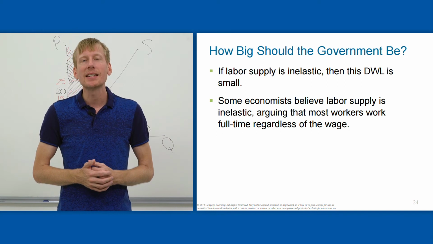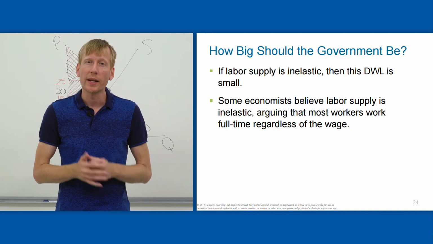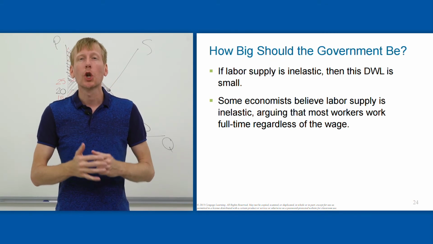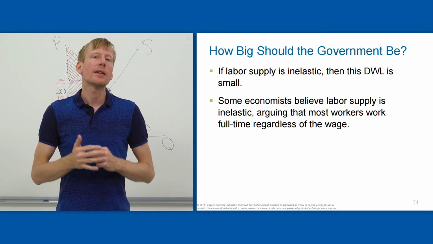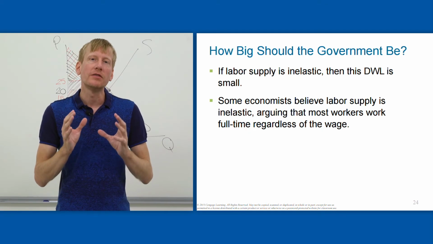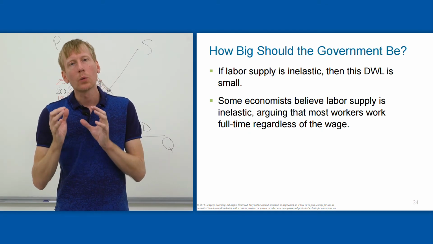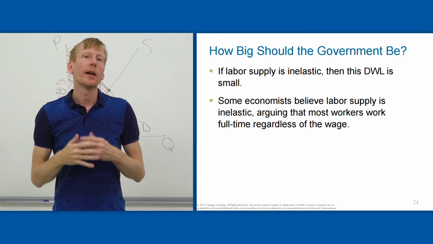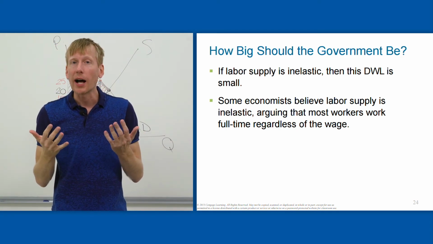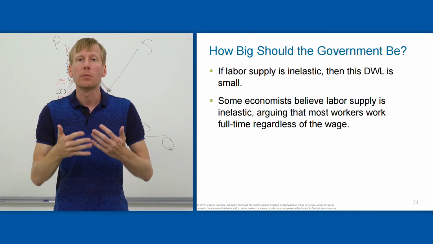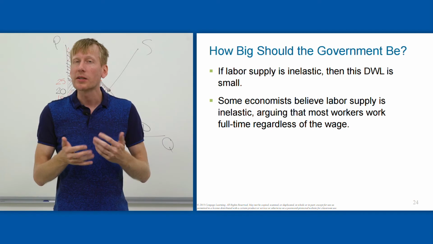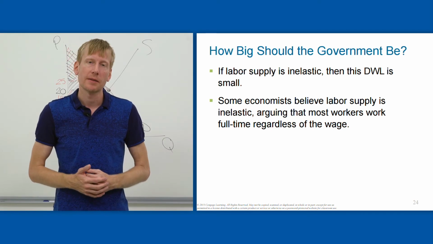If the elasticity of labor supply is very low, then the deadweight loss associated with this particular very important tax would also be low. We'd create a certain wedge without decreasing the amount of employment in the labor market at equilibrium by very much, and wouldn't create very much deadweight loss.